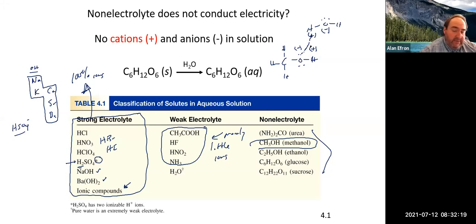So these guys will mix really well together. But these are all molecular compounds, covalent bonding happening here, no ions being produced in this process. And it's that lack of ions which means we have nobody conducting electricity. Any questions on the difference between strong electrolytes, weak electrolytes, and non-electrolytes?